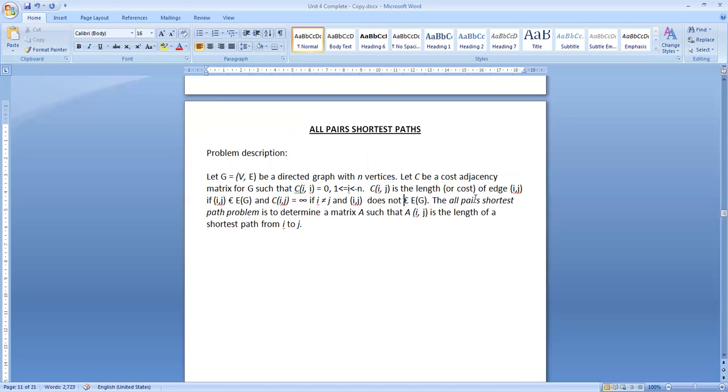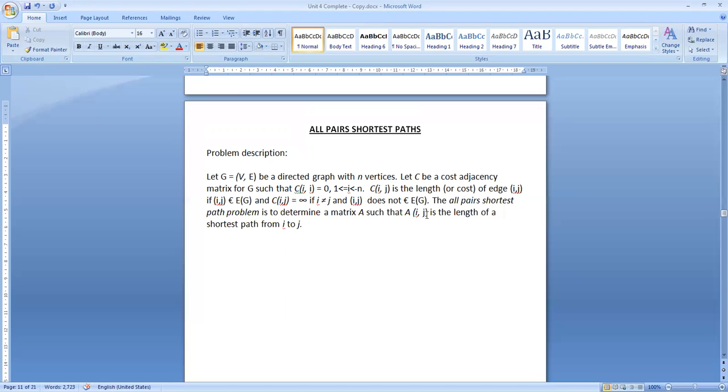Then the all pairs shortest path problem is to determine the matrix A such that A of (i, j) is the length of the shortest path from i to j, where the value of i will take the index of all the n vertices.